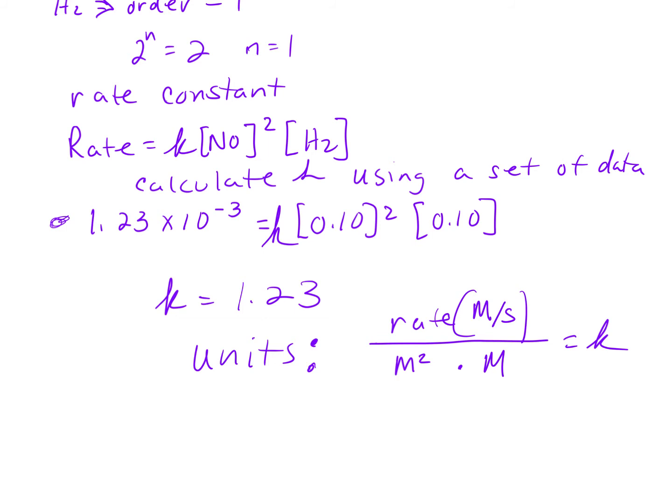Okay. And again, my units: rate is given in moles per liter per second. Concentration of NO is moles per liter squared, because we have to square it, so that squares the unit as well. And here we have moles per liter. So now we have moles per liter per second divided by moles per liter cubed.